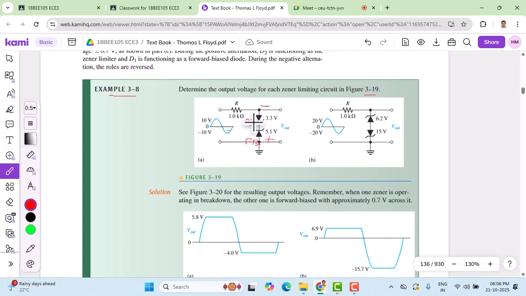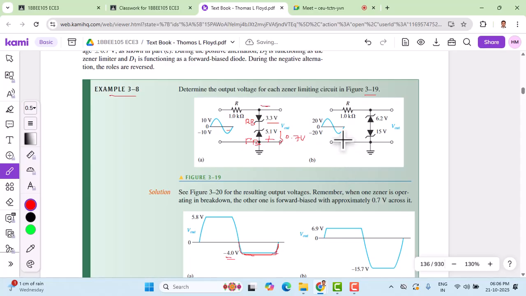We know that for the reverse biased diode Vz will be maintained at 3.3, and for the forward biased diode 0.7 volt will be maintained. So 3.3 plus 0.7 is 4, and because we are considering the negative half cycle, it goes to minus 4. So the negative cycle of the output goes up to minus 4 volts, and thereafter it stays constant.